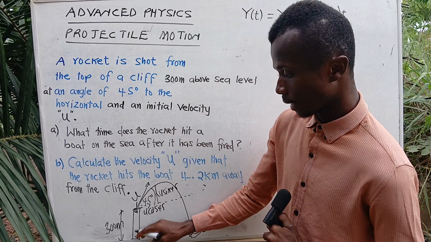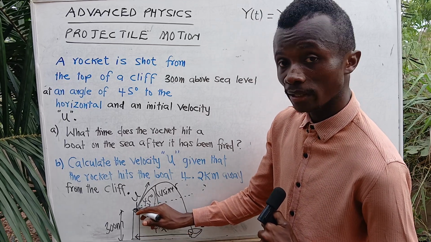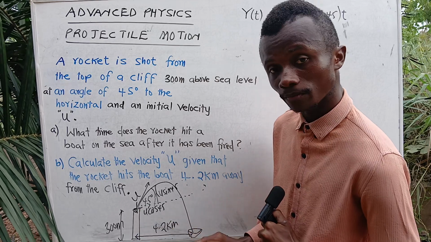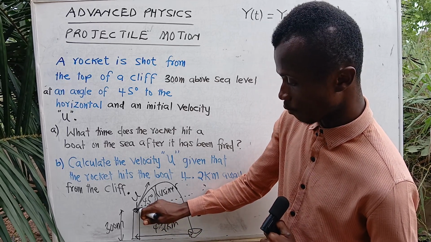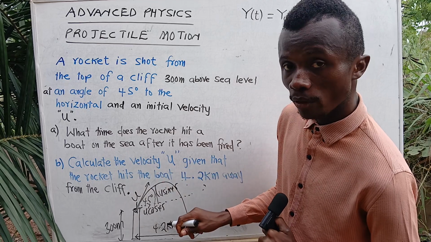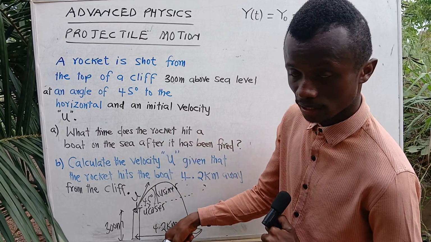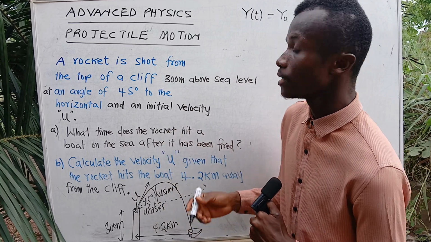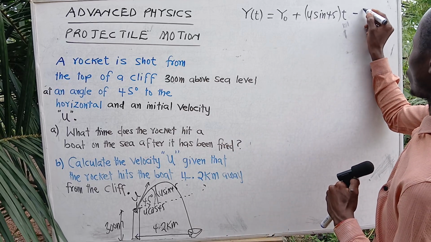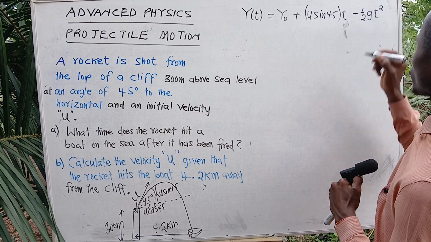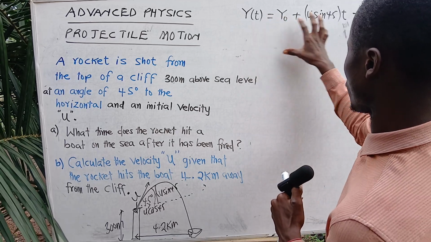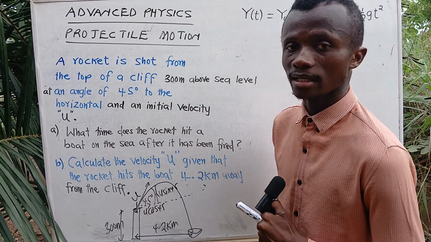Meaning the cliff itself is negative 300 meters downwards from the 0. So if we choose our increasing direction of y upwards and knowing very well gravity points downwards, then g will be negative. So we have minus half g t squared. This is the first equation we can establish.